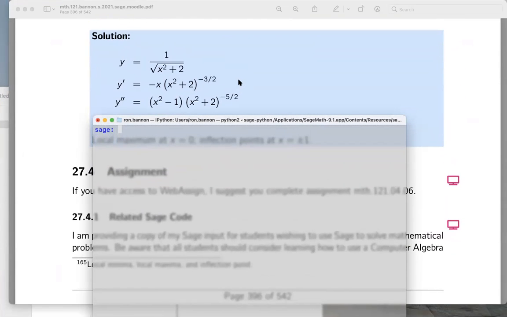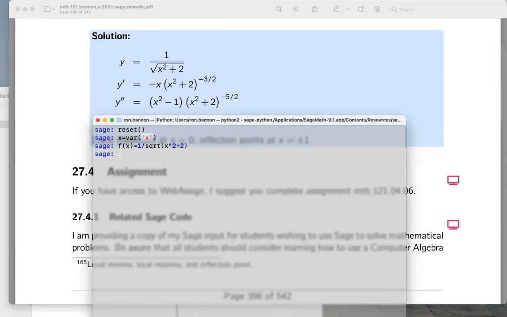So let me type this in, reset. We've done this many times before. x is a variable. I'm going to define a function now, f of x. F of x is assigned 1 divided by the square root of x squared plus 2.